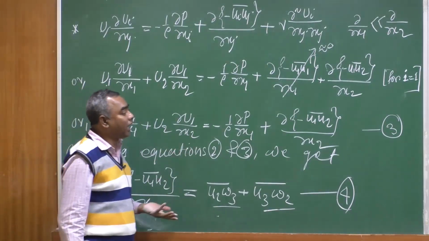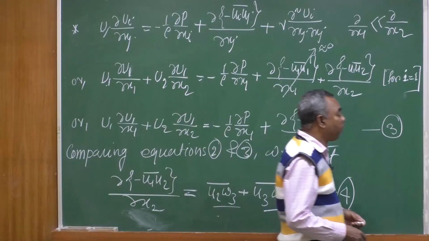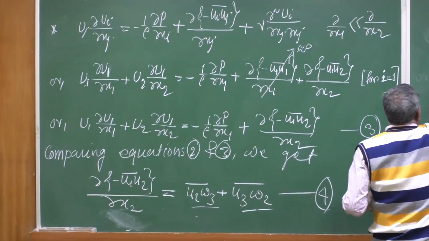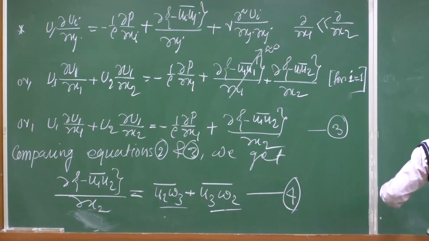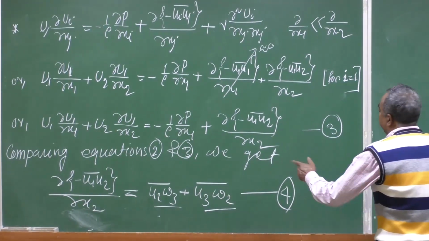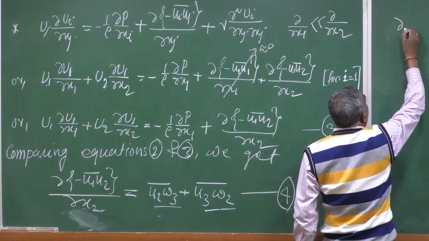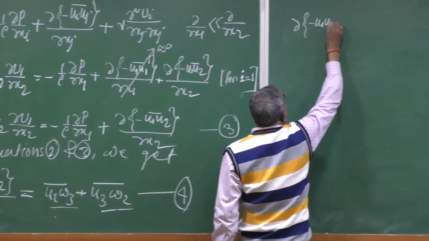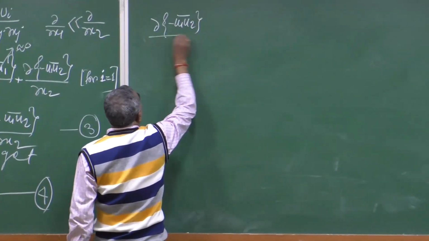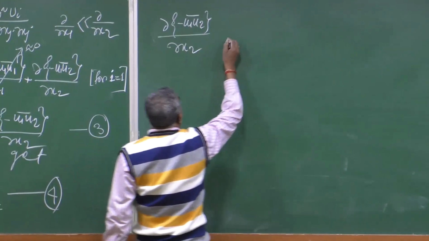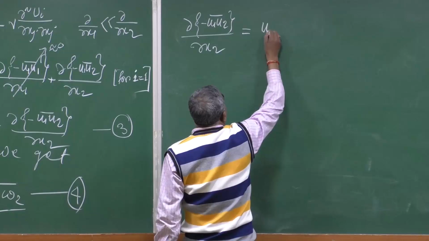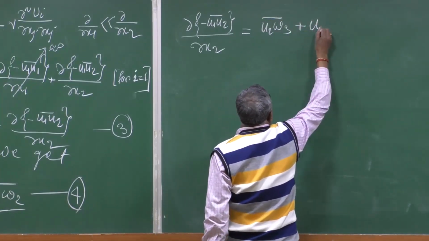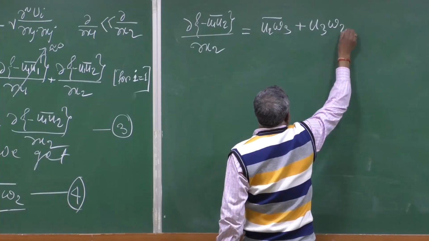Okay. So, that is what I just wanted to mention at that particular point of time, and as I said, once again let me say this. Essentially our Reynolds stress gradient, del u1 u2 by del x2, is equal to u2 omega 3 plus u3 omega 2.